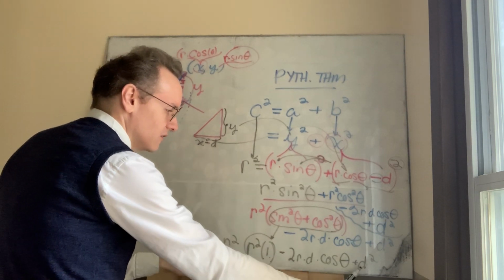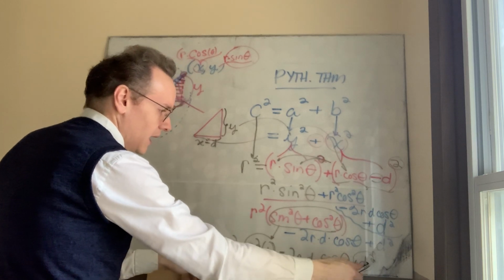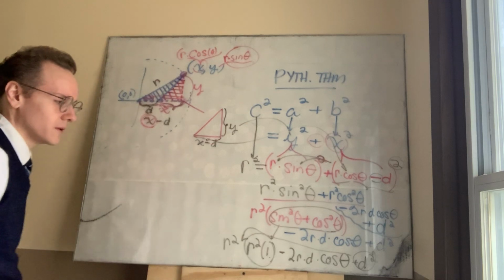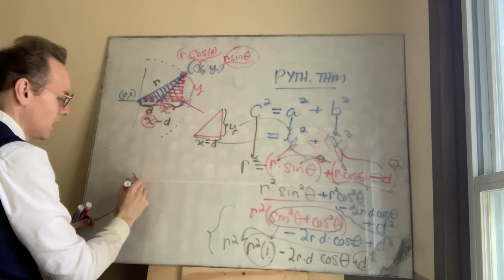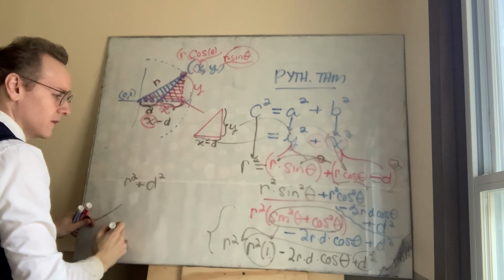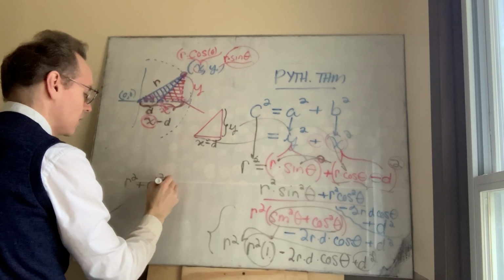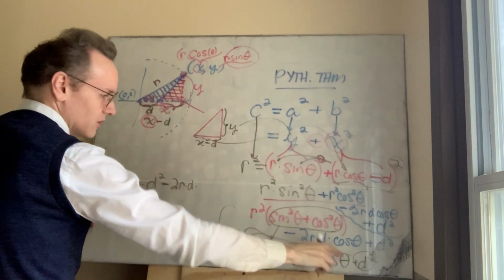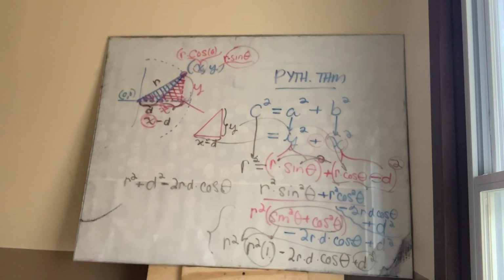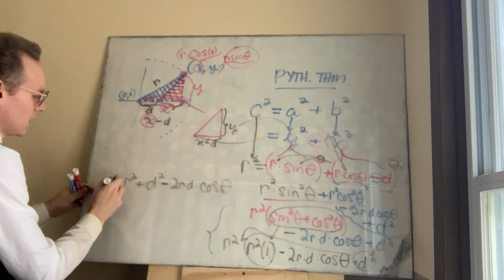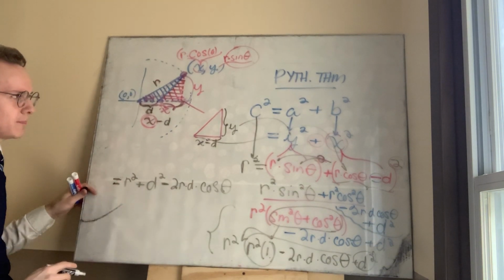If I purposely take this dimension here, d squared, and move it up to the front, what I end up with is r squared plus d squared minus 2 times r times d times the cosine of the angle, is equal to what the opposite side was.